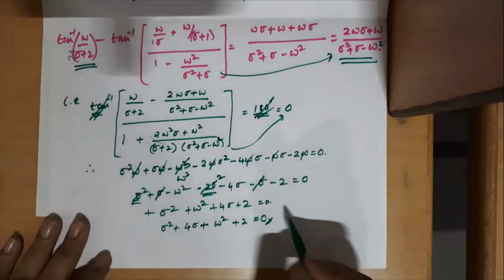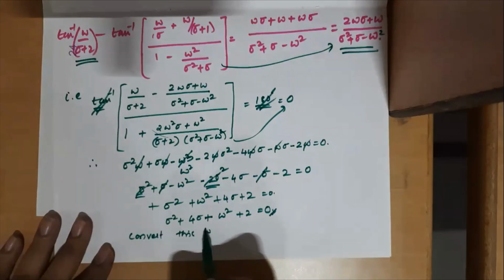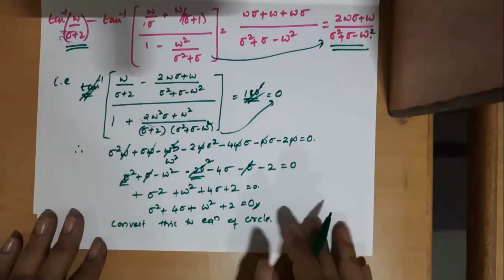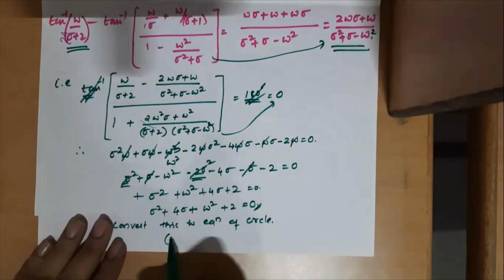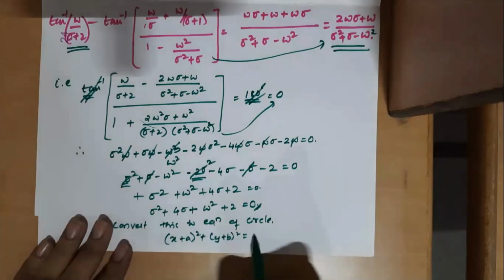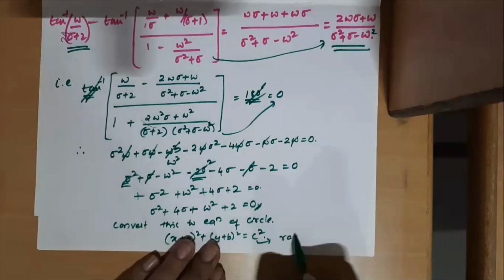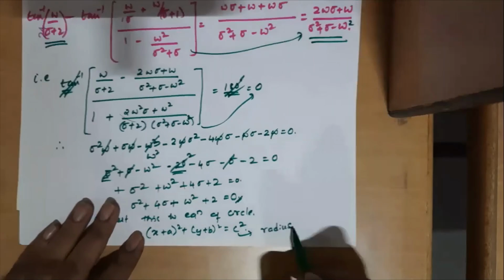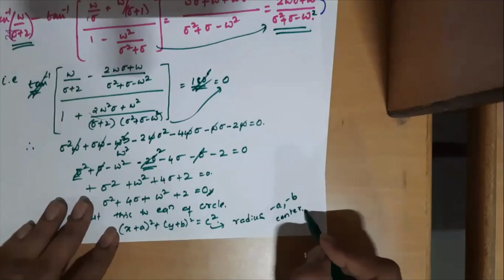So how can we show that this is an equation of a circle now? So we have to convert this into an equation of a circle with a small modification, as x plus a square plus y plus b square equals c square, where c is the radius and minus a, minus b is the center.